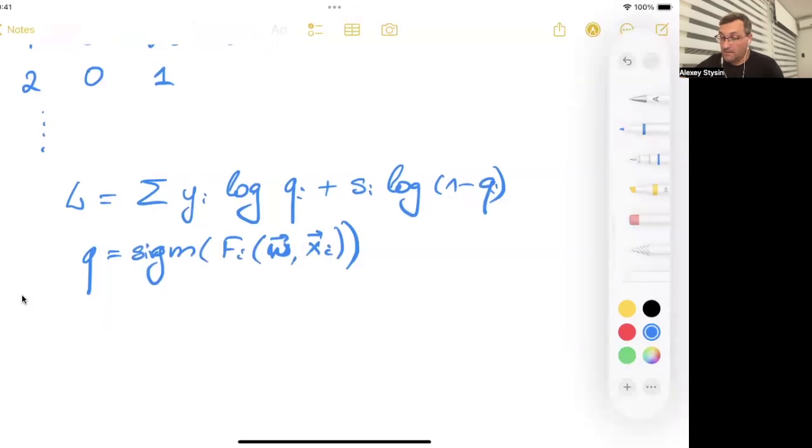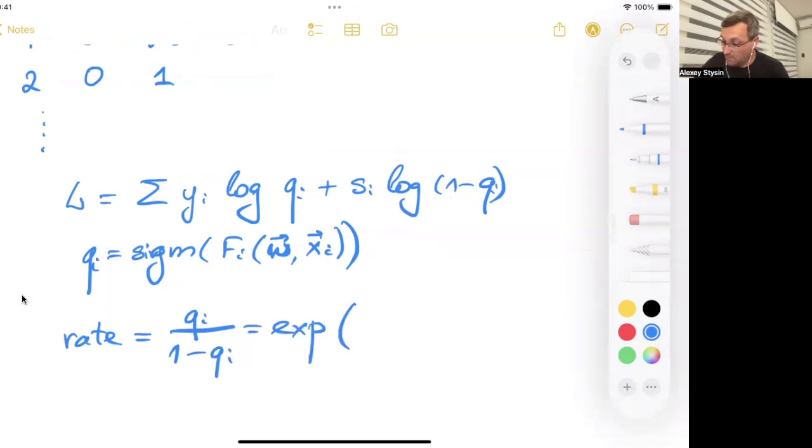And then the rate that we wanted to model, the rate is going to be qi over 1 minus qi, and it's going to be the exponent of f. We don't need I here. It's going to be f over the weights of the network and the features, and this is exactly what we wanted to get.